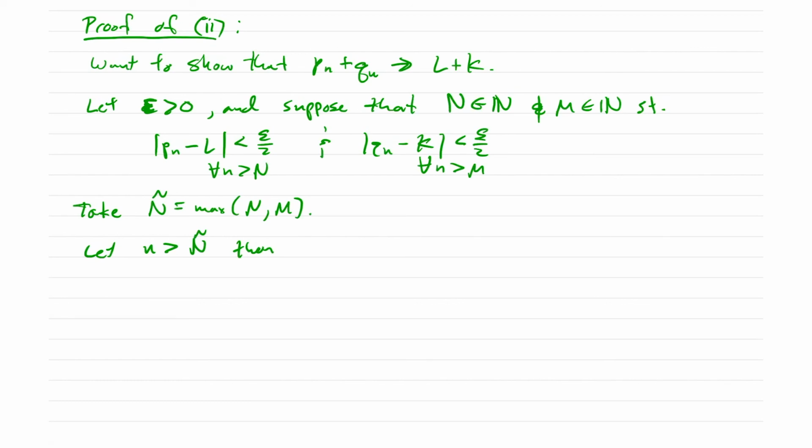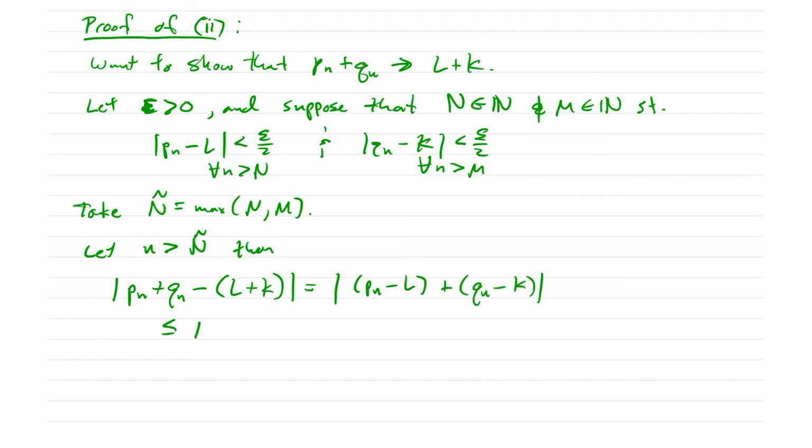Then what we're going to have is Pn plus Qn minus (L plus K) is equal to Pn minus L plus Qn minus K. And using the triangle inequality, we get |Pn minus L| plus |Qn minus K|, and this is less than or equal to epsilon over 2 plus epsilon over 2, and this is equal to epsilon. Okay. So we just verified that. Not too bad.